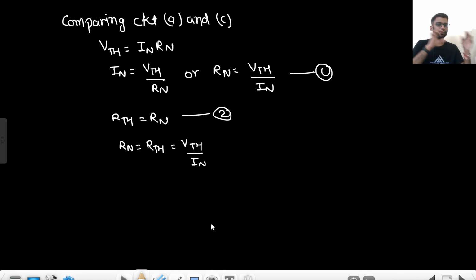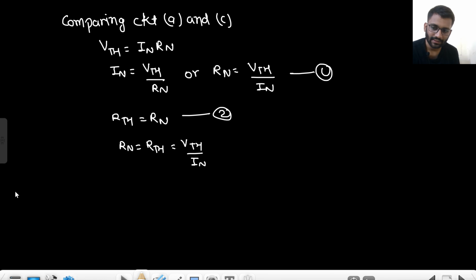So now you know both of the theorems. You can find any parameters by getting only two parameters. You can find VTH and RTH, and you can know what IN and RN are.